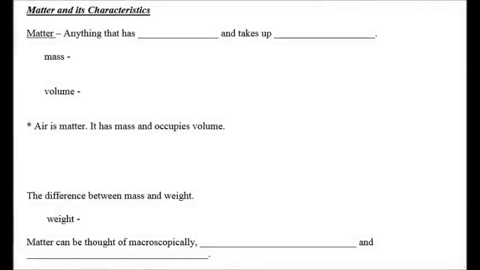So we're on the back of the first page of the chapter 1 notes, and before we finish with the CFC story, we have to get a few terms down. So we talked about matter. Matter is anything that has mass and takes up volume.